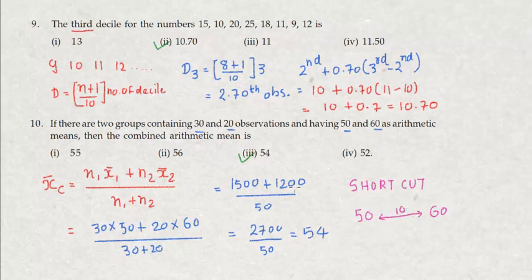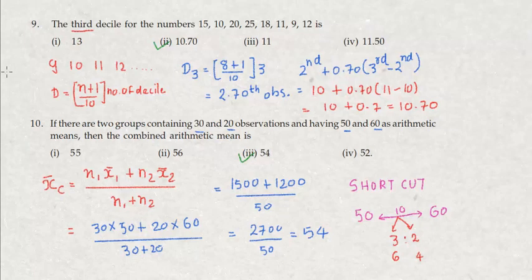Now what we have to do is divide this distance 10 into the ratio of n, which are given 30 and 20. So I can say the ratio is 3:2. If I divide it, then the number here will become 6 and the number here is 4.